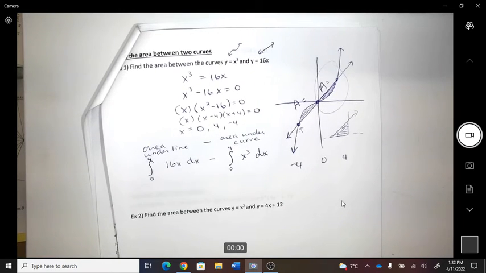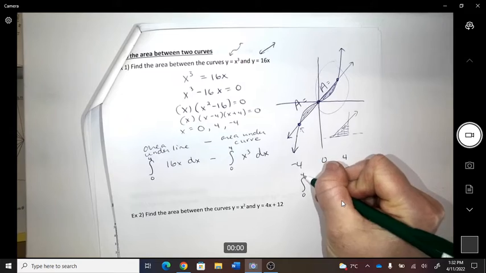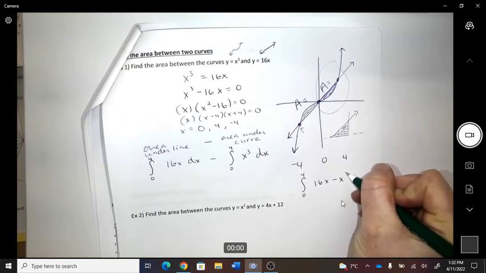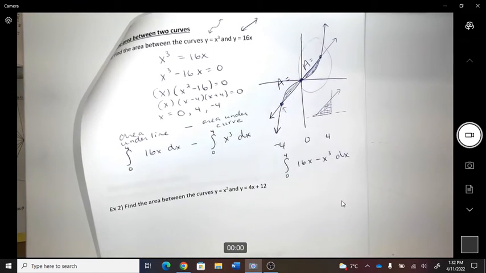Now, specifically for area, it would have worked to just chunk them into one. You could have done this. You could have just done that, and that would work.